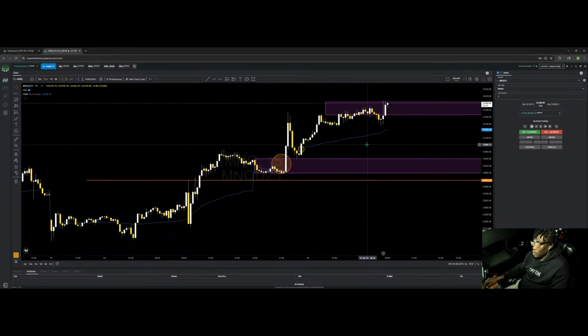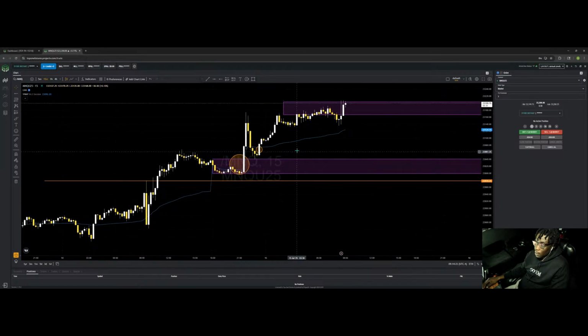Yeah, everything's looking the cleanest on the higher time frames.